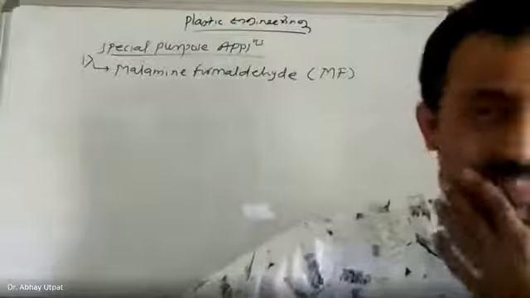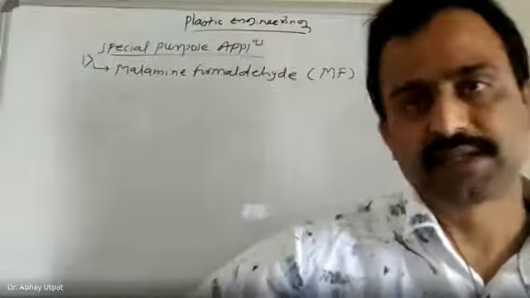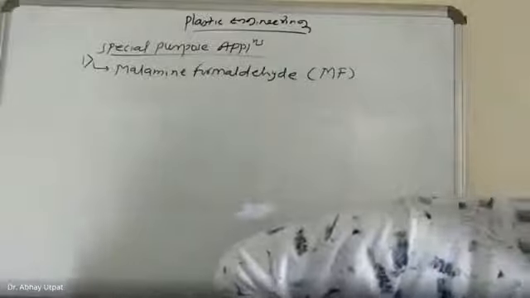So your cups, plates, bowls are made of MF plastic, that is melamine formaldehyde.